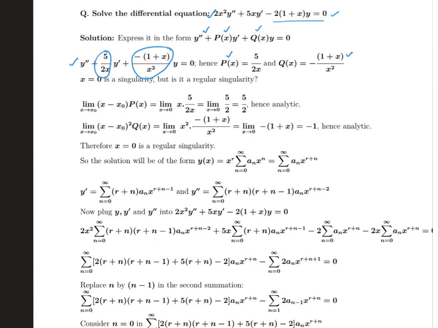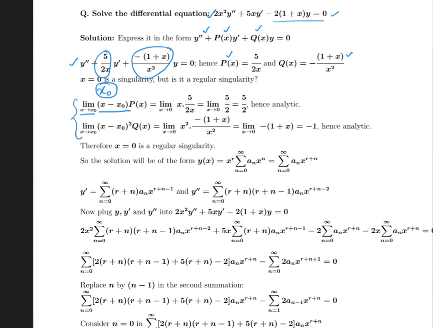It's pretty easy. Let's say x naught is the point in question, whether this point is a regular singularity or an irregular singularity. We take the limit as x approaches x naught of (x minus x naught) times p of x.